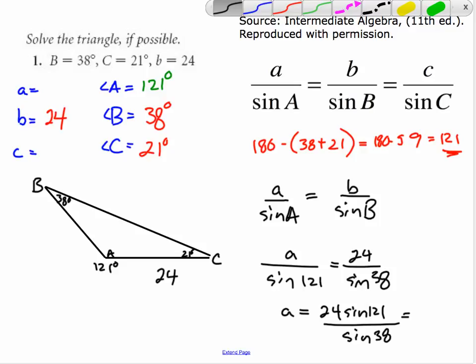Okay, let me try it. 24 times sine of 121 divided by the sine of 38. Go. Okay, and what do I get? Oh, I didn't get a number.